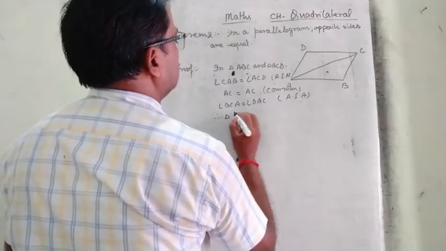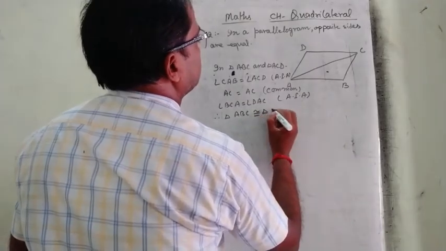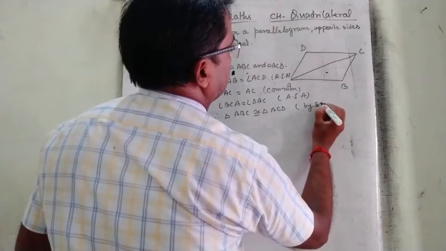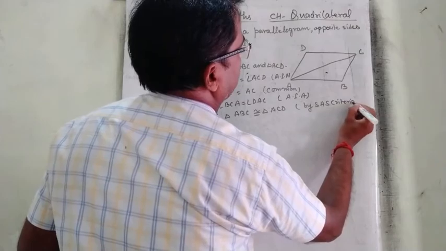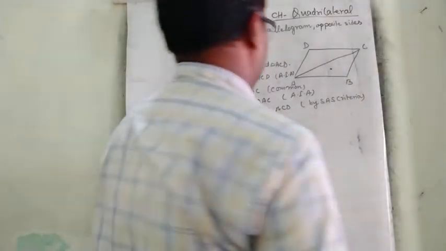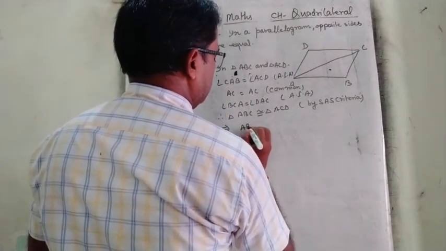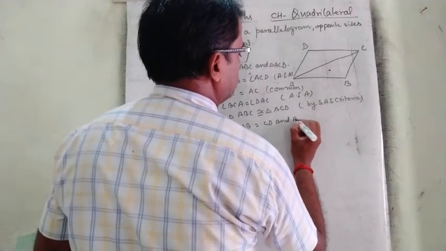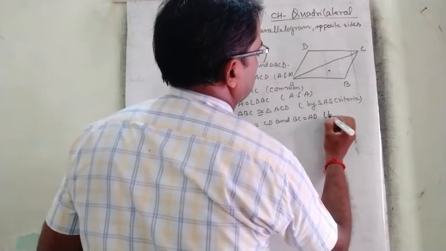Therefore, triangle ABC is congruent to triangle ACD by ASA criteria. Clear? These two triangles are congruent. By this we can say AB is equal to CD and BC is equal to AD by CPCT.